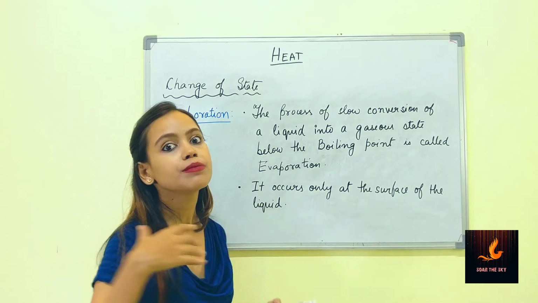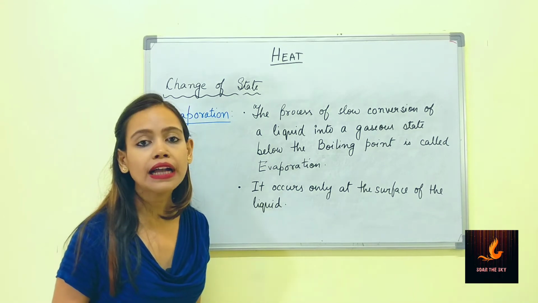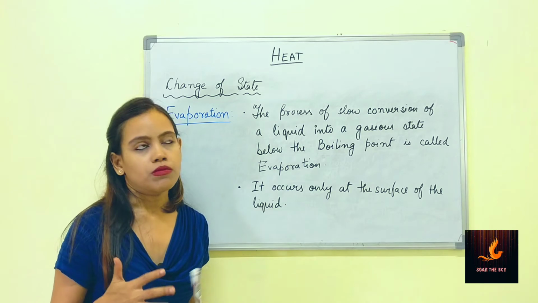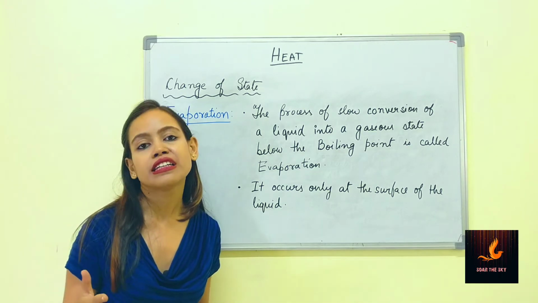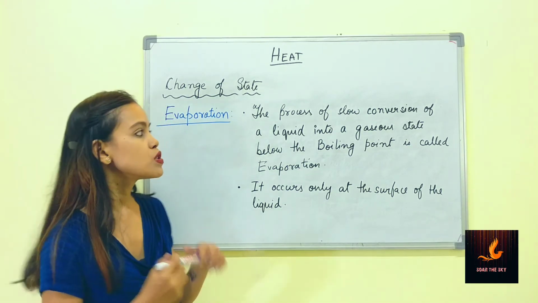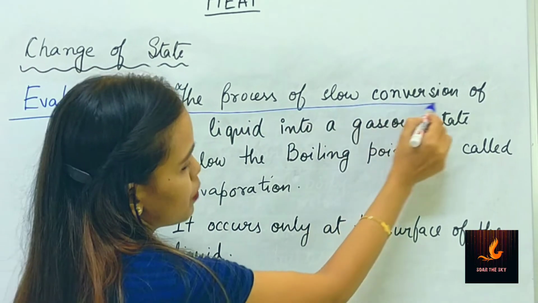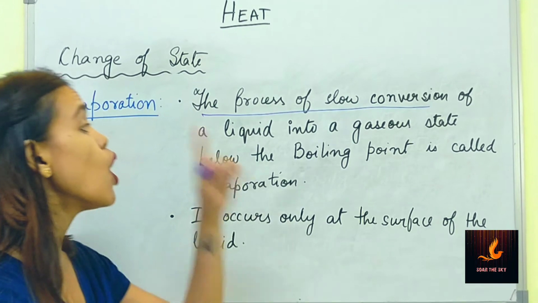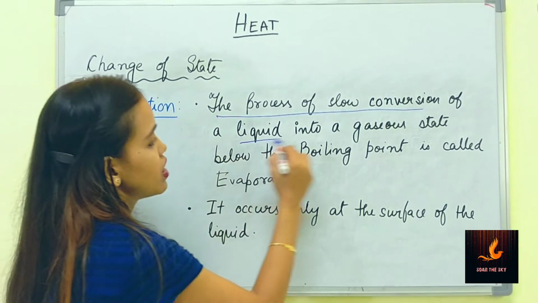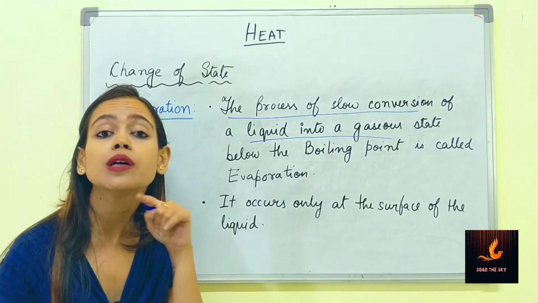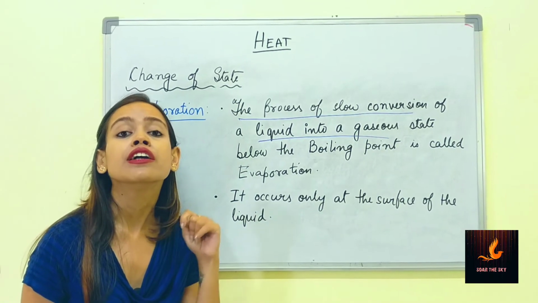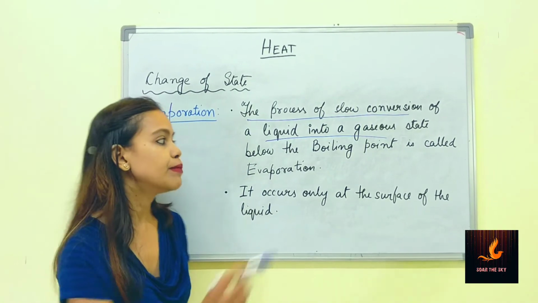Evaporation is a considerably slower process and it can occur by getting way less heat than boiling. So what is the definition of evaporation? It is a process of slow conversion of a liquid into a gaseous state below the boiling point. It doesn't even require reaching the boiling point.